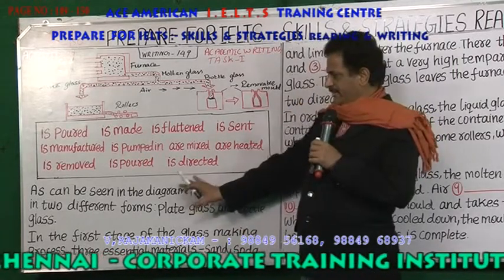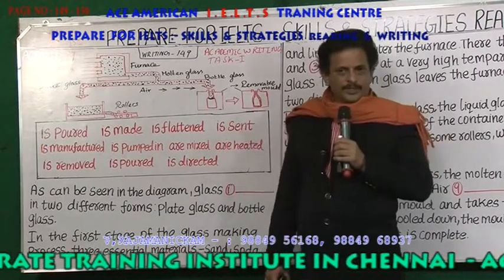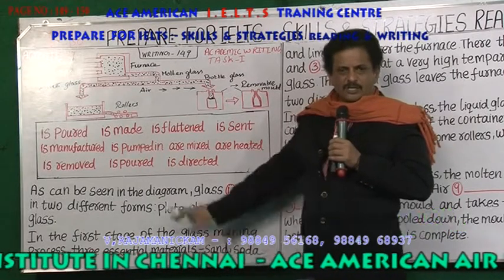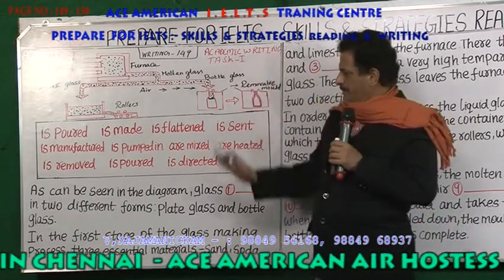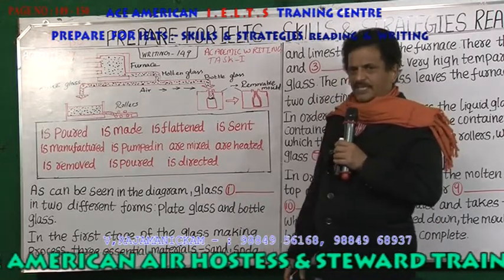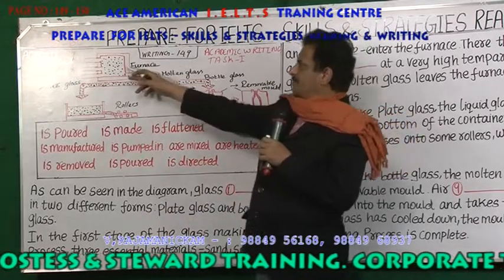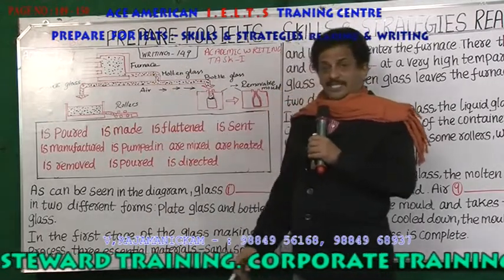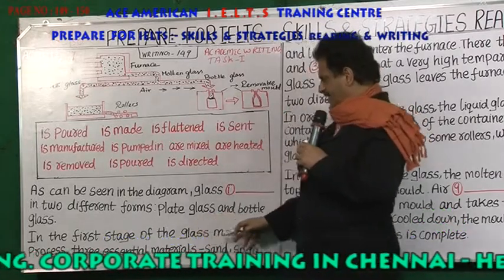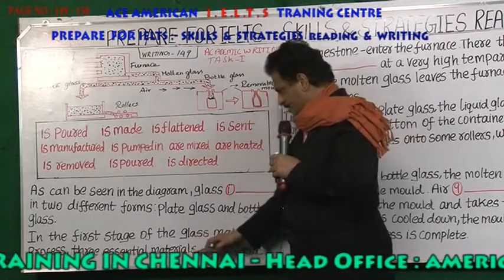So, the first paragraph clearly says what the diagram is all about. The diagram is all about what? Manufacturing of plate glass and bottle glass. So, simple introduction, over. Maybe within 15 words he has finished. Then coming to the second paragraph, he says, in the first stage of the glass making process, starting stage, he is starting with the stages. In the first stage of the glass making process, three essential materials.